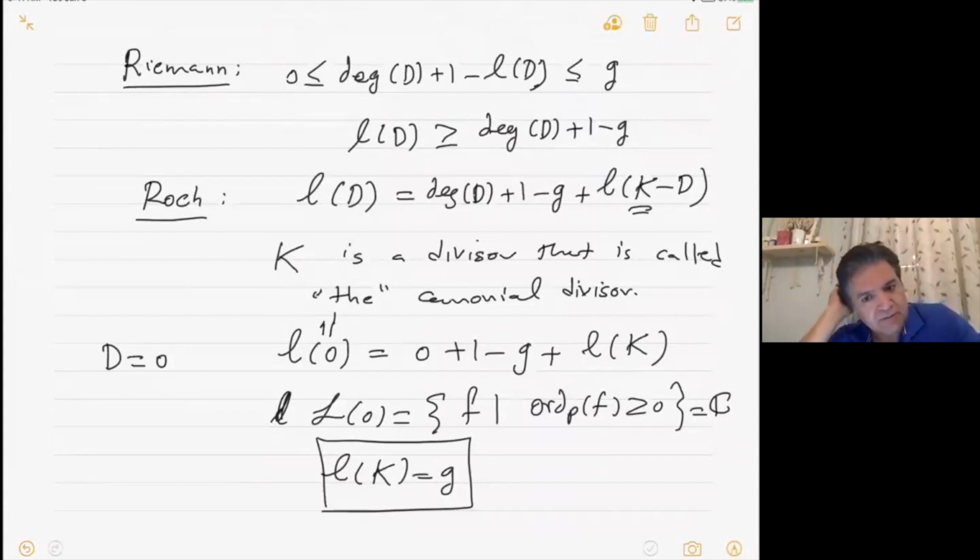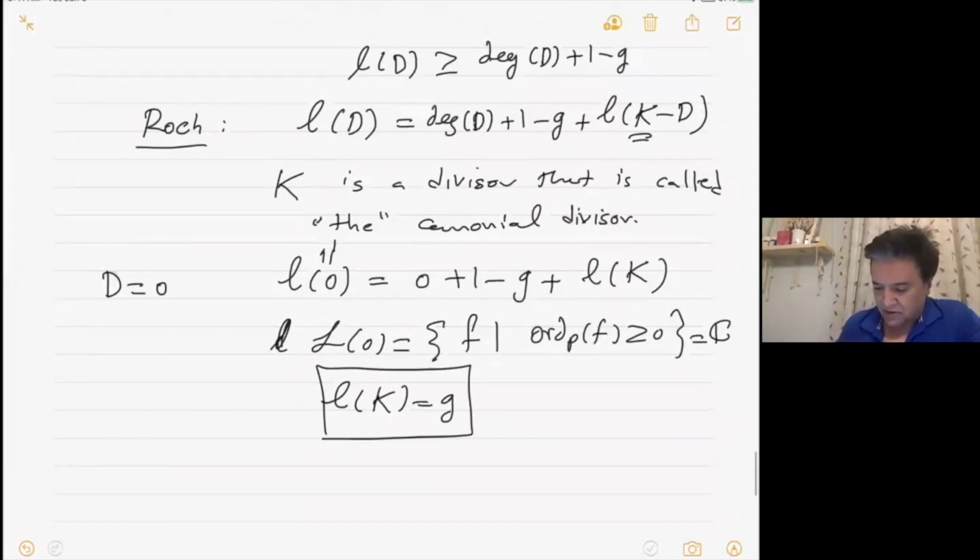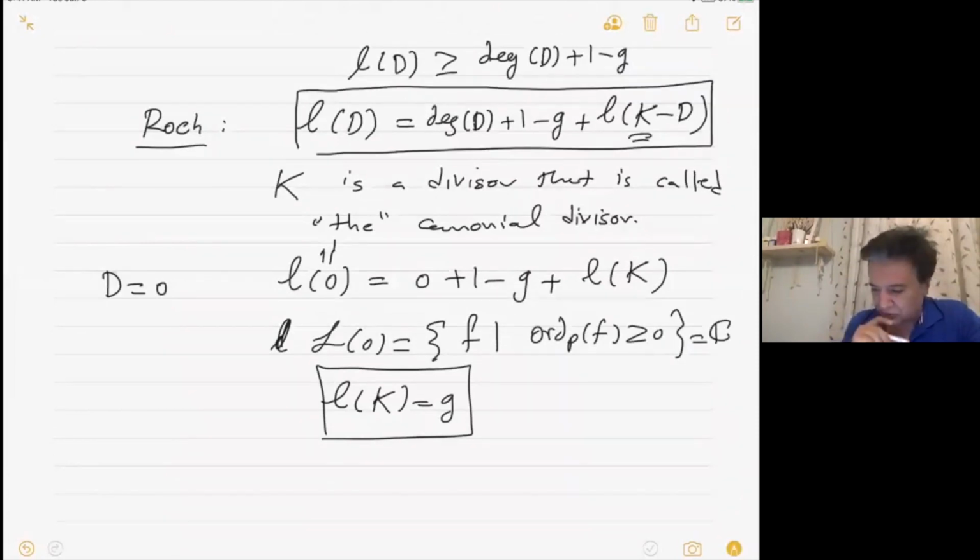So once I tell you the definition of K, one can define genus as the dimension of the space L of K. That's one definition of the genus. What else can be derived from the Riemann-Roch formula? The formula that I just wrote down is stated without proof, and I will try to prove the theorem for the rest of this.